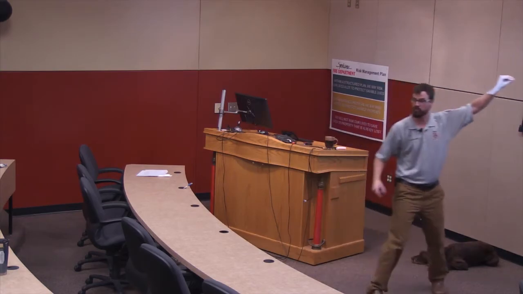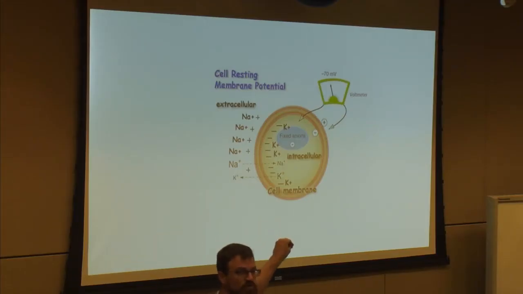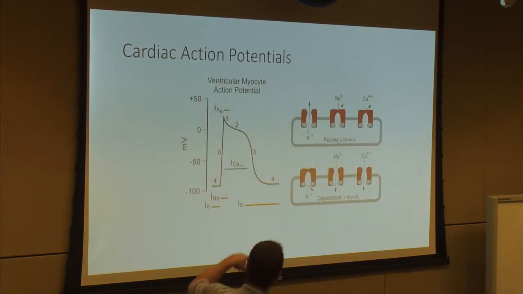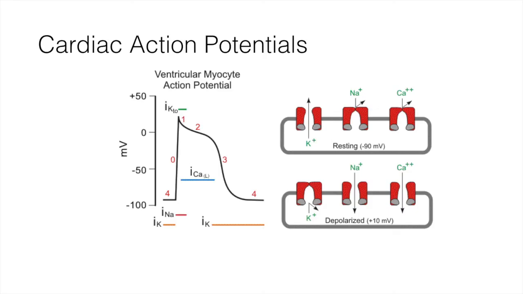This is an electrical gradient that we use to drive cellular signaling, okay? So I have my resting membrane potential, negative 90, right? When I trigger depolarization, it's an all or none phenomenon, right? I hit a benchmark.